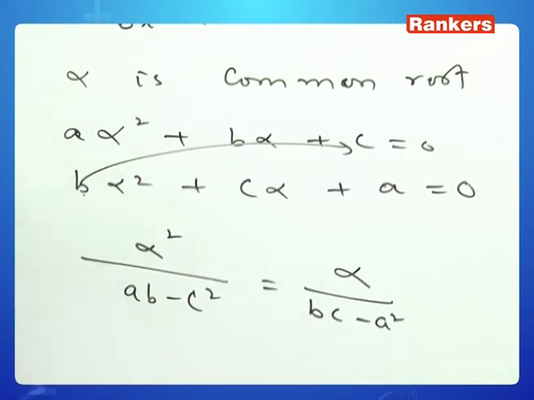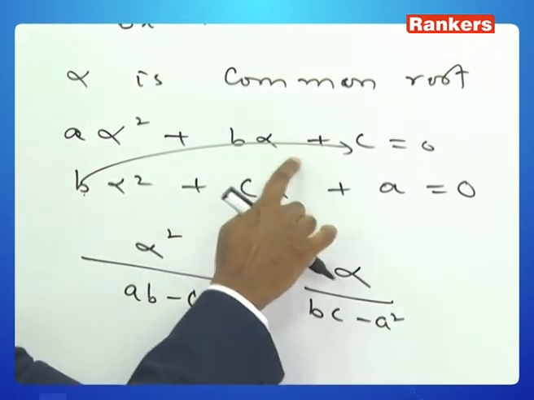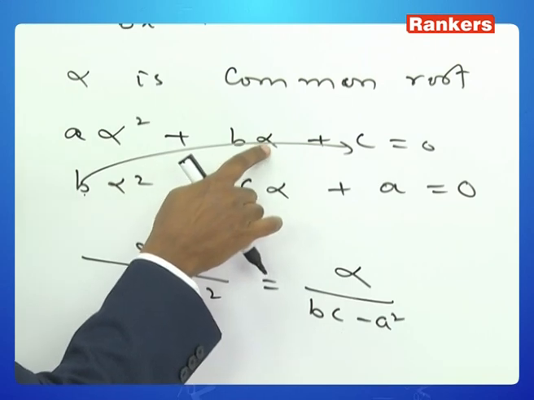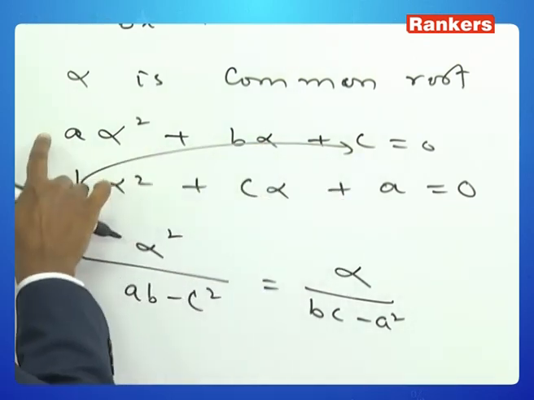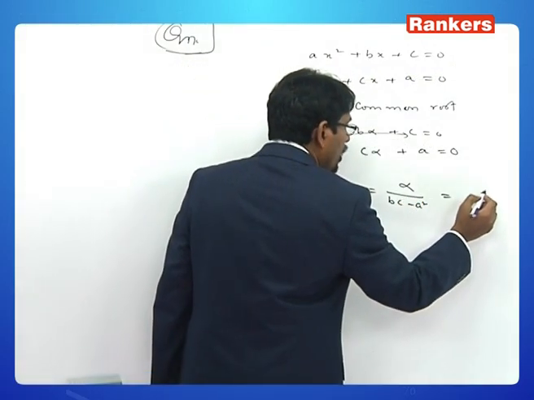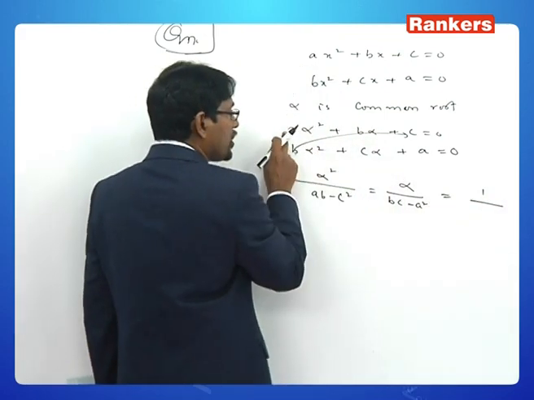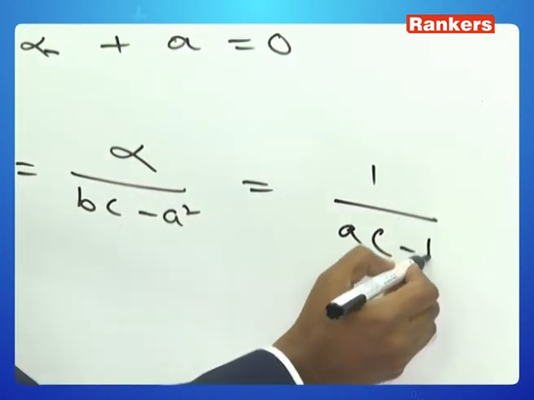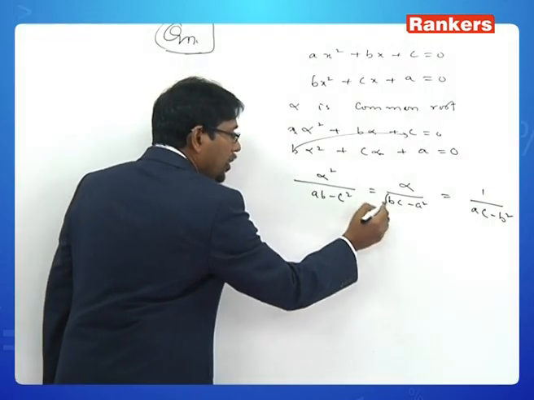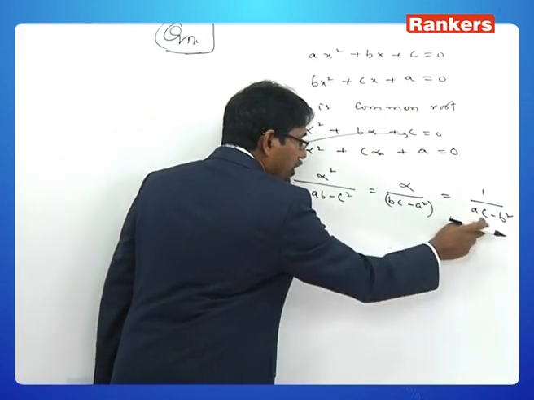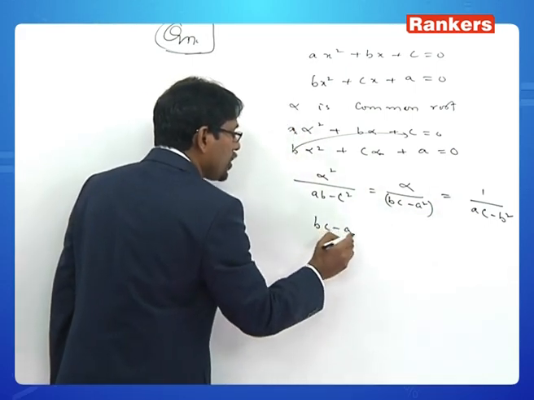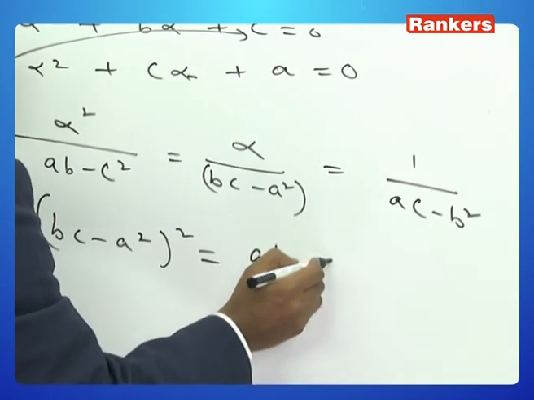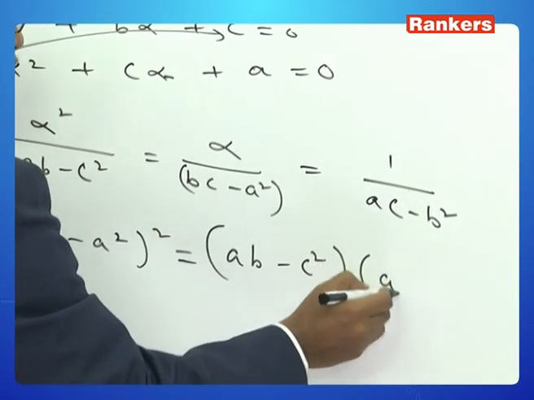Now using the cross multiplication formula, alpha square divided by a into b minus c square, alpha divided by b into c minus a square, 1 upon ac minus b square. So the square of this must be equal to the product of these two. So bc minus a square, the whole square, must be equal to ab minus c square into ac minus b square.